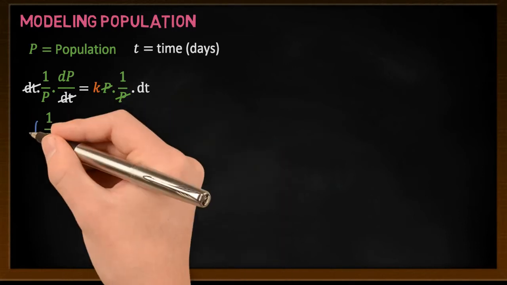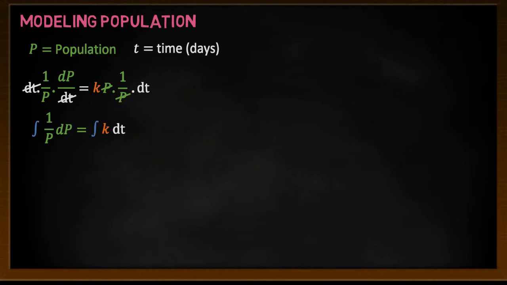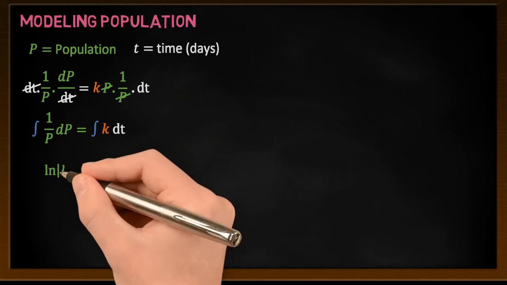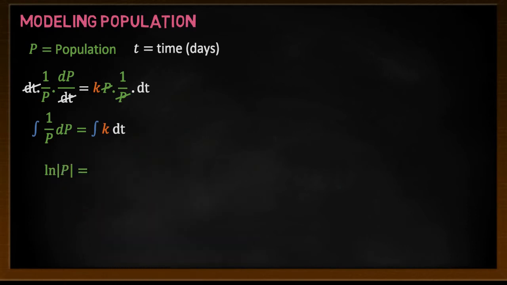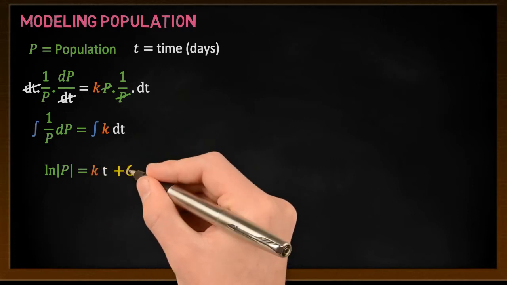Now we can integrate both sides because this was a separable differential equation. We were able to completely separate the p's and dp's from the things that aren't involving p's. If we integrate this side, we would get the natural log of the absolute value of our population. We could say plus some constant if we want, but we're going to get a constant on this side as well. So we could just say that's going to be equal to k times t plus some constant. I'll just call that c1.